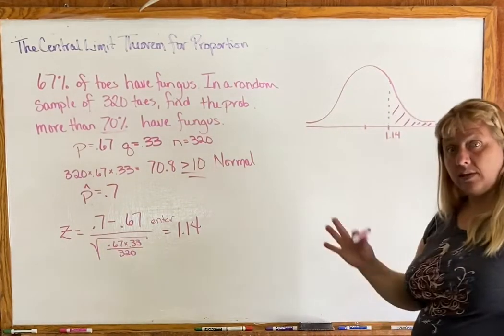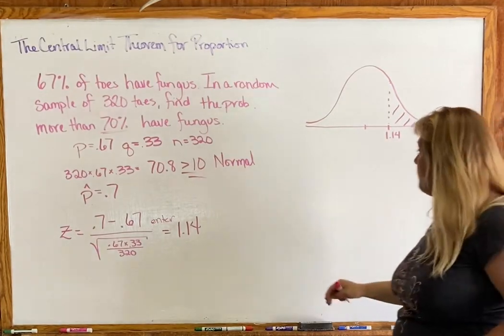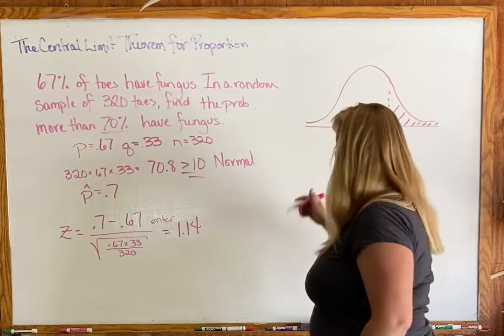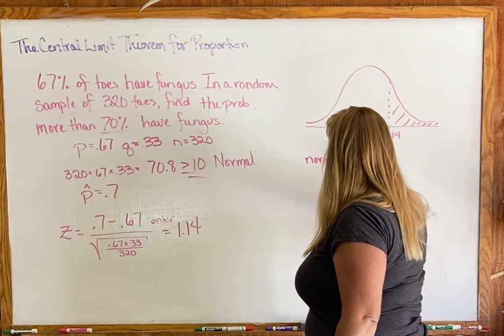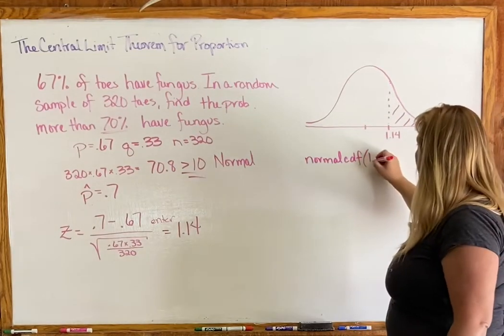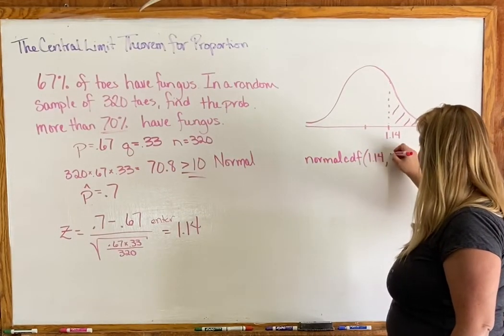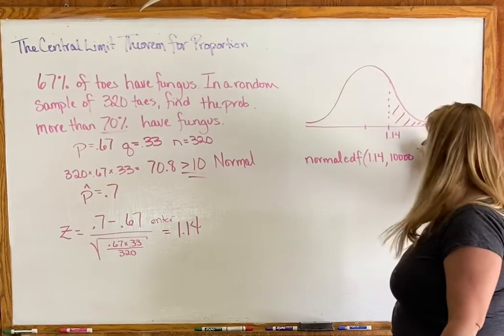Now remember that this is our normal distribution here, so if we want to figure out that area, we're back to our normal CDF. On our calculator, normal CDF, we're going to go from 1.14, comma, 10,000, right? Off until forever.